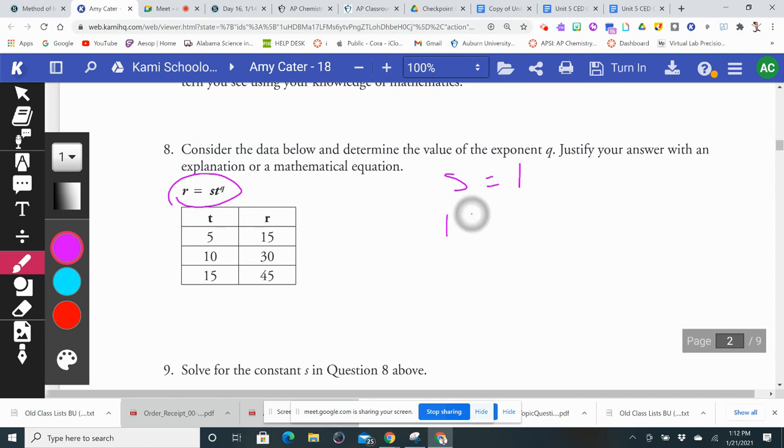So if we went 15 equals 1 times 5 to the q power, what does q wind up being? 15 equals 5 to the q power. Was that? No?